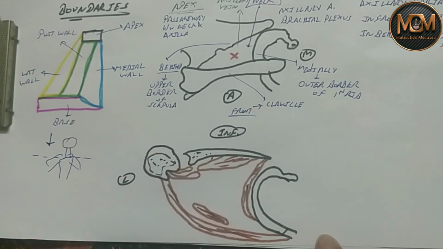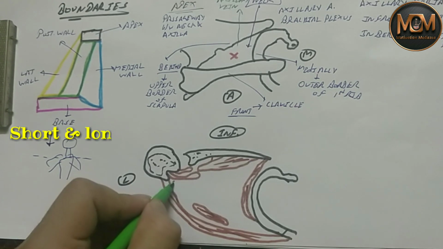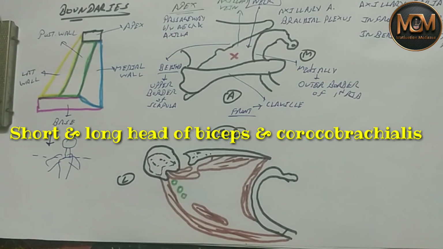So we are drawing this diagram just to understand the boundaries. And in this region is the long head of biceps, then the short head of biceps, and the coracobrachialis. See, we are watching from above, that's why. Now we'll write the names.